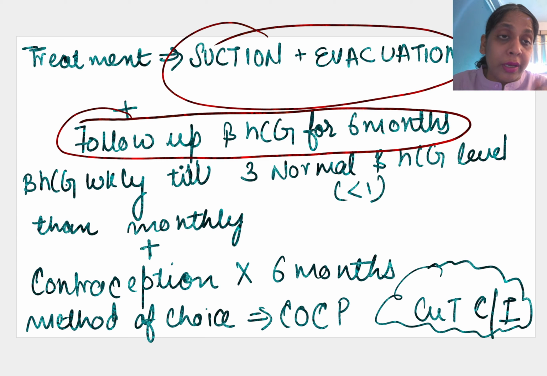Serial estimation of hCG means one after another. See, what were the options?